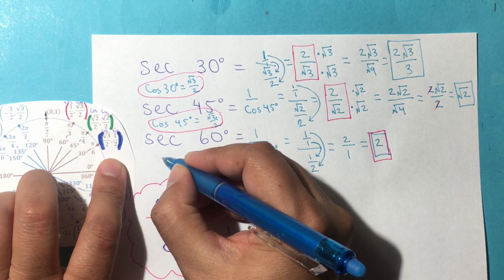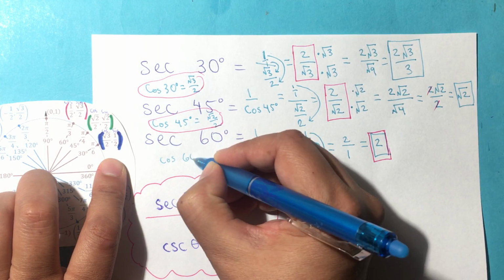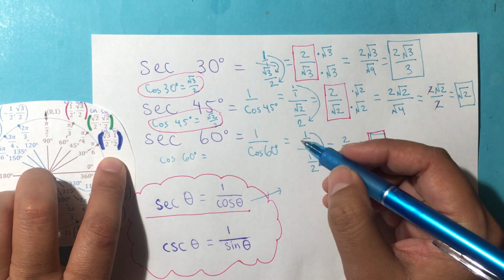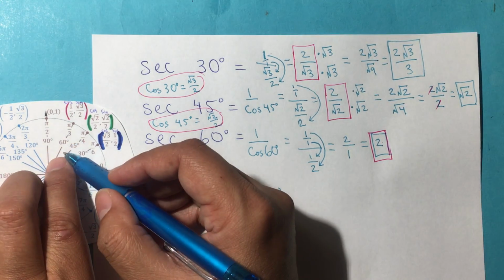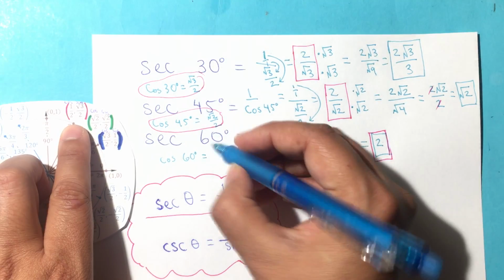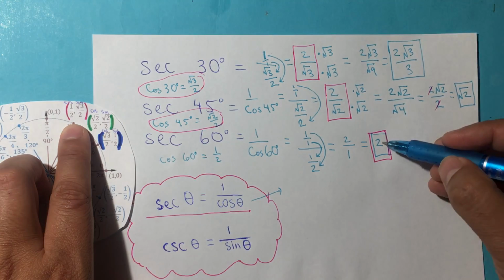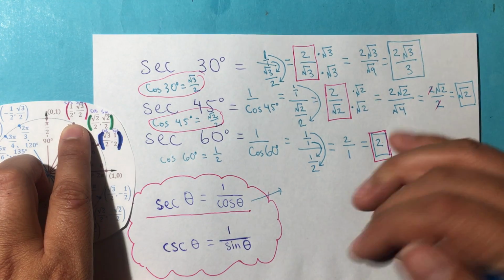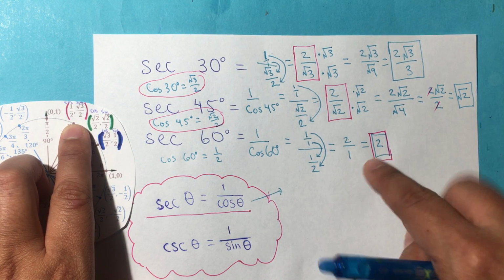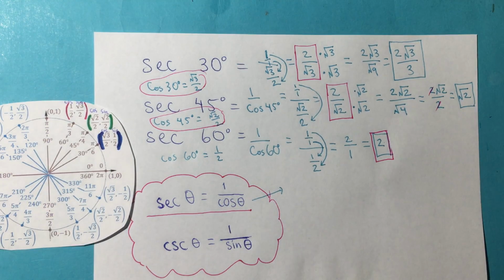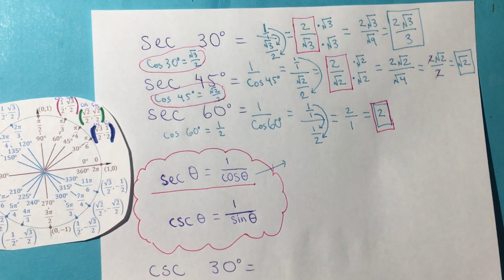And so the secant of 60 is going to be the reciprocal of cosine of 60, which is 1 over 2. 1 over 2 is the reciprocal of 2 over 1, but we don't need the 1 in there. So that's what this formula means again.